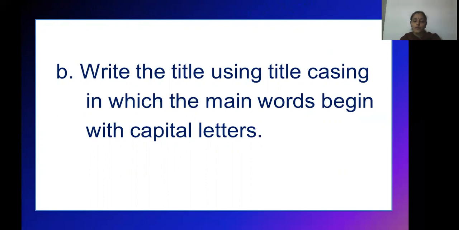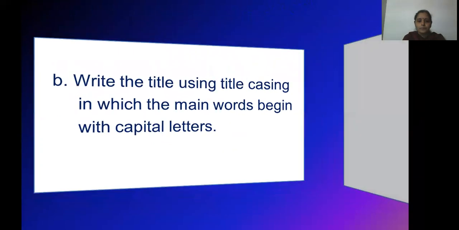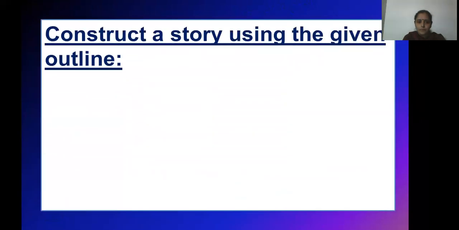Yes, you have to use title casing while writing the title, which means that the main words in the title have to begin with capital letters. Okay, I hope everything is clear till here. Now shall we move ahead with the story?